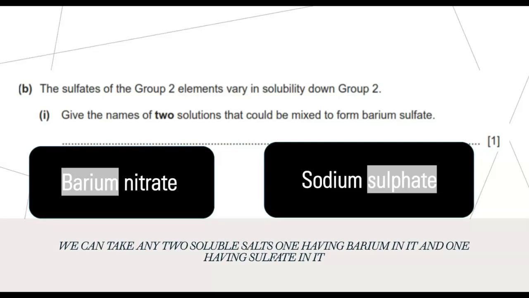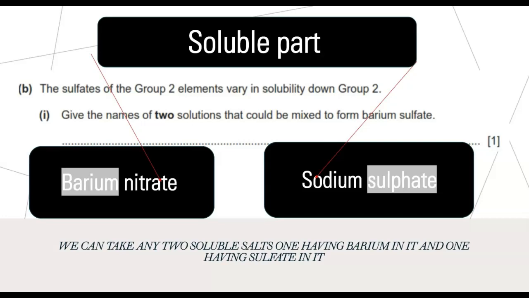One salt should contain barium and another soluble salt should contain sulfate. So we will take barium nitrate and sodium sulfate, because both are soluble.